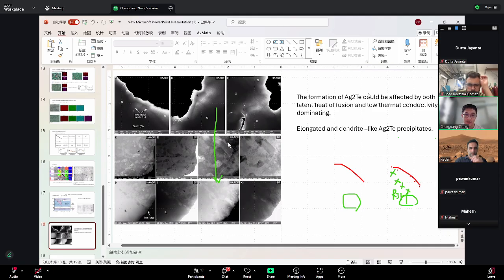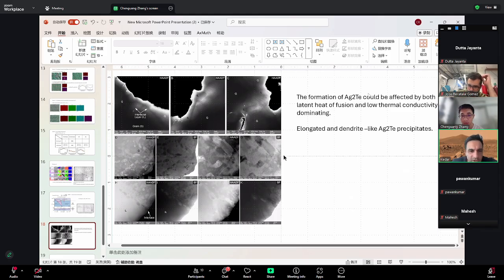Sometimes they show very elongated, and sometimes they show the starting formation of dendrites. During the quenching process, we also need to face some challenges in the latent heat of fusion and the low thermal conductivity.